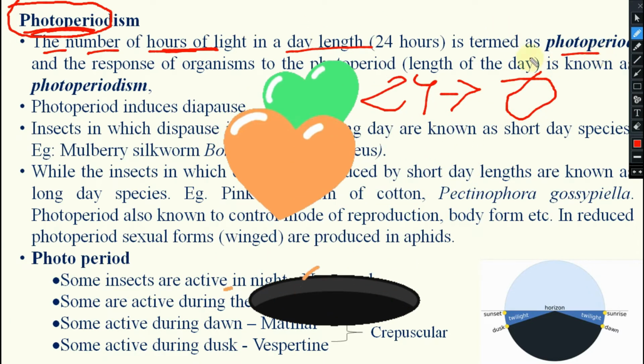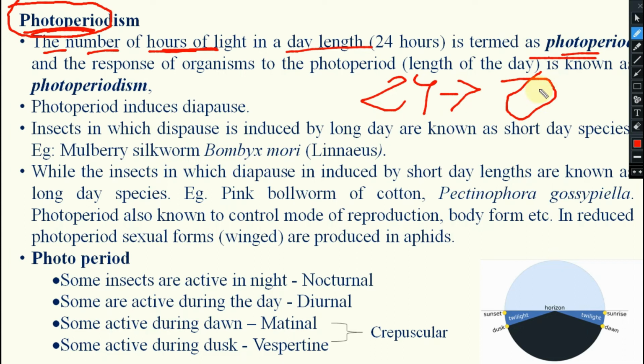That is known as photoperiod. Suppose 6 in the morning to 6 in the evening, that means 12 hours, that is your photoperiod. So what is the response of the organism towards this photoperiod? That is known as photoperiodism. Out of 24 hours, 12 hours are photoperiod, and the response of insects towards this 12 hours of light is photoperiodism. I hope you understood this concept.